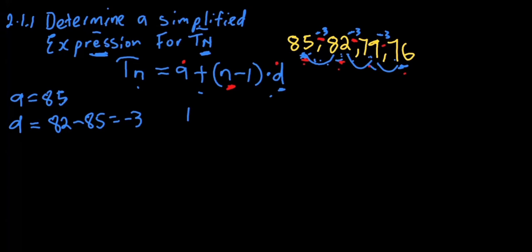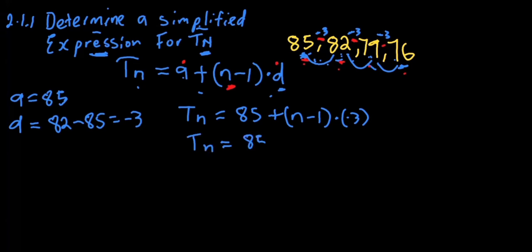Tn is equal to 85 plus (n minus 1) times negative 3.